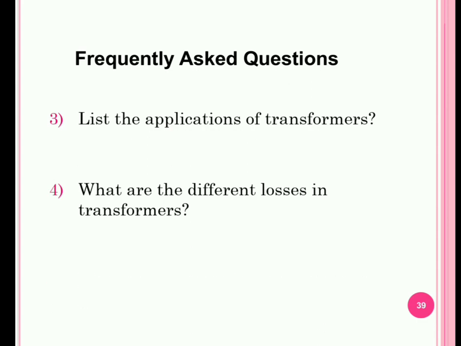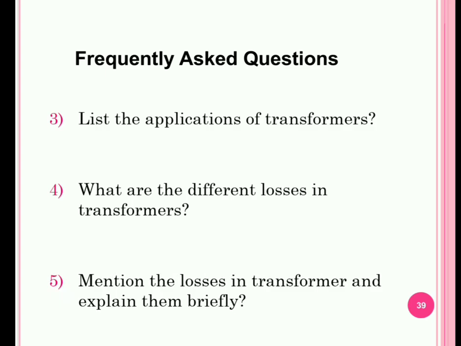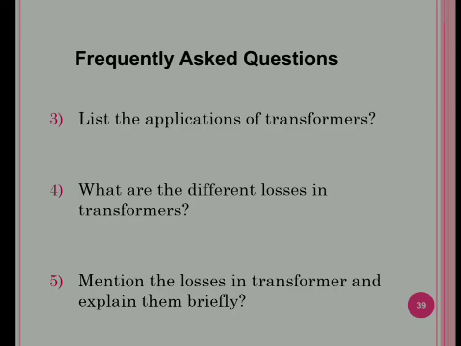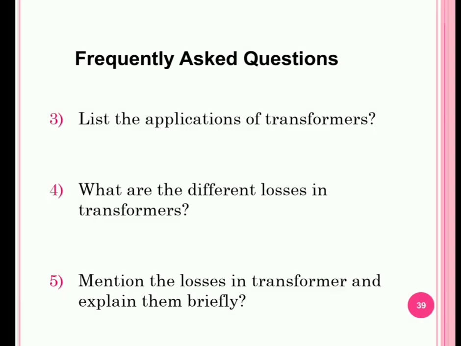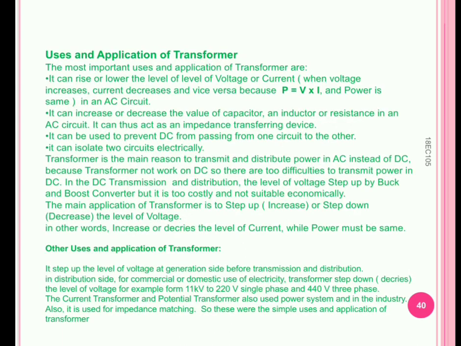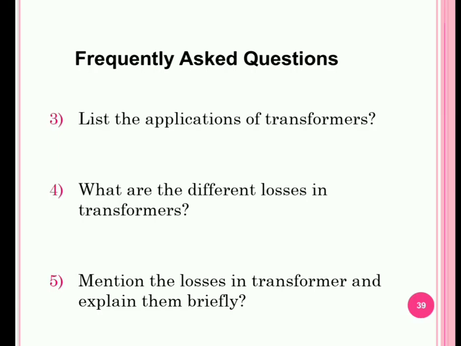Then mention the losses in the transformer and explain them briefly. These are the probable questions that can be asked from the topics we have discussed, from the exam point of view.